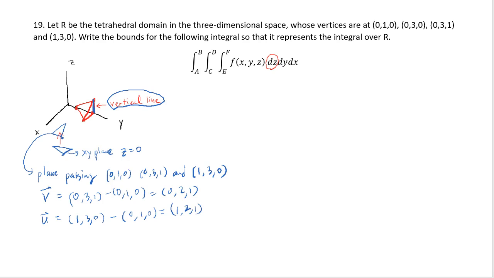And the normal vector is the cross product. It's V cross U, or you could do U cross V. It doesn't matter. At the end of the day, it's going to be the same answer. So I have i, j, k, 0, 1, 2, 1, 2, 0.